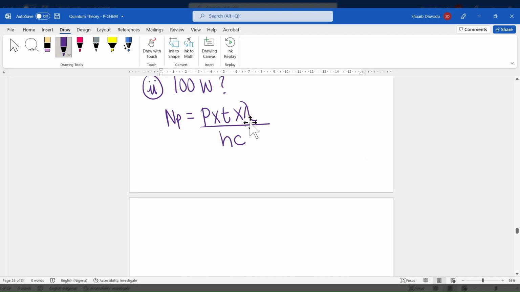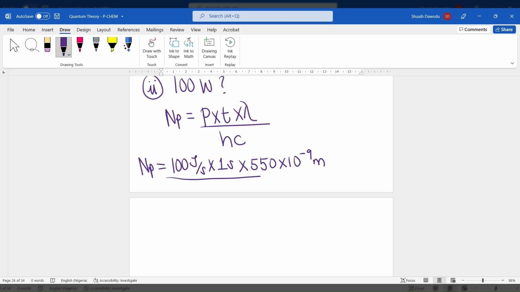The power times the time times the wavelength divided by Planck's constant times the speed of light. So N_p is now going to equal the power, 100 joule per second, times 1 second, times lambda, so that's 550 times 10 raised to the power of negative 9 meters, divided by hc, which is 6.626 times 10 raised to the power of negative 34 joule second, times 2.998 times 10 raised to the power of 8 meter per second.